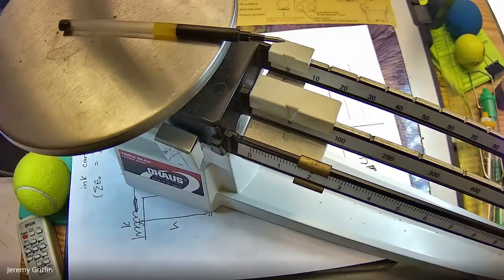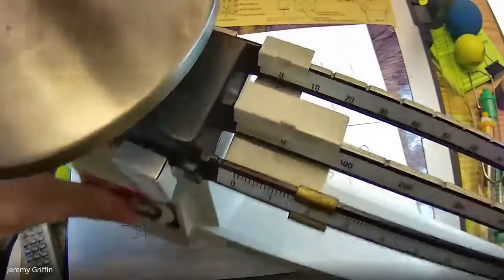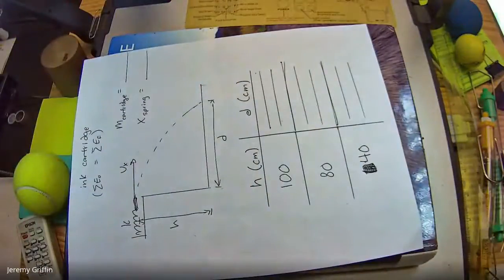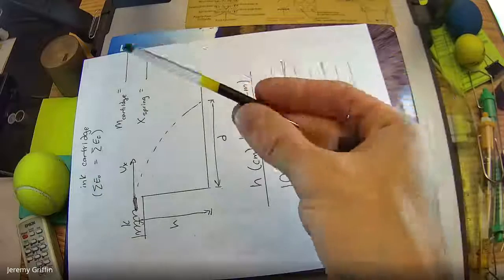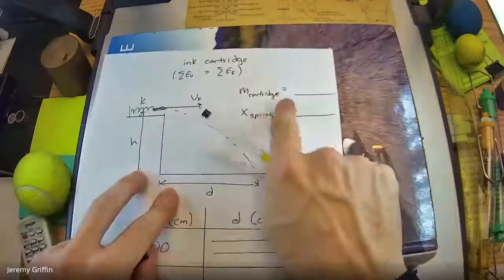It's 2.0 grams. It's exactly a couple of grams. Wow. So 2.0 grams. There you go. Mass of this cartridge, exactly 2 grams. I used a different cartridge last class that I think had more ink in it. But it's a factor. All right, so great. We got this number, exactly 2 grams, 2.0 grams.